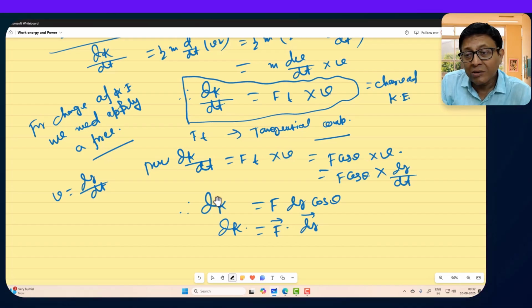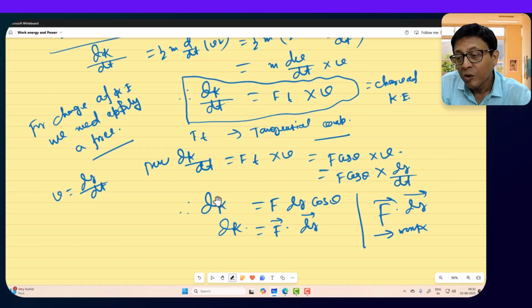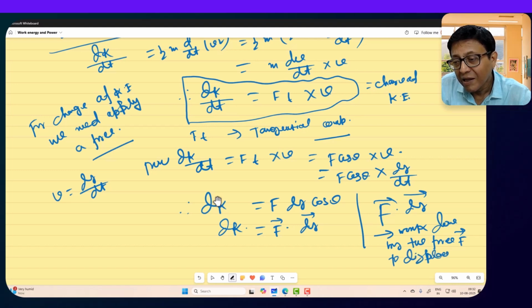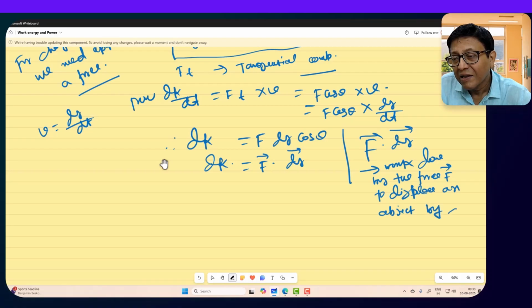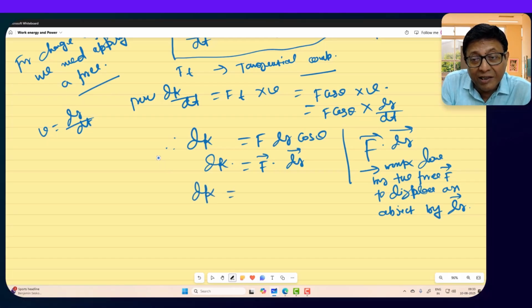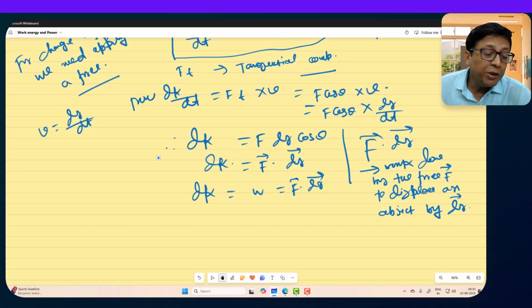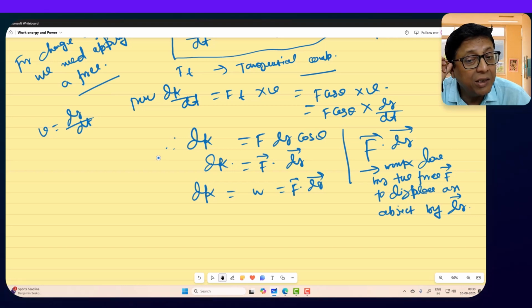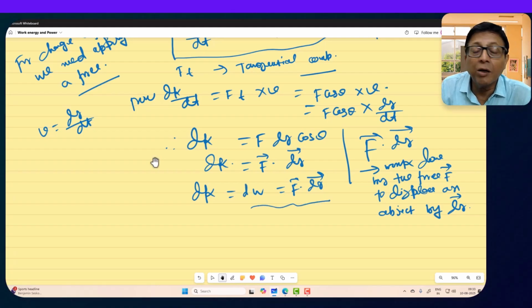This F dot dr is called work done by the force F to displace an object by the distance dr. So you get an expression here that dK equal to dW, where W stands for F dot dr. Because there is a differential term on the right side, I write this as dW. dW will be F dot dr.